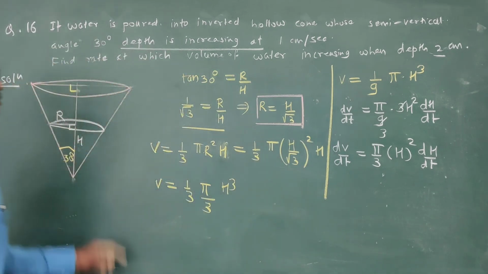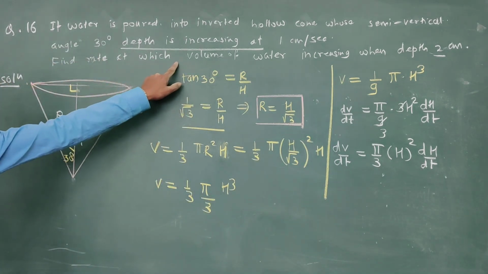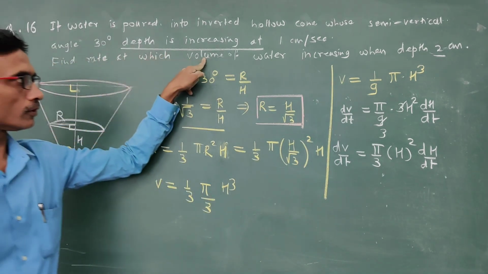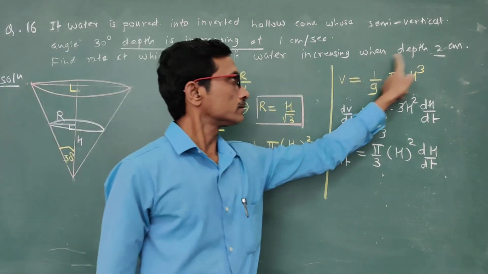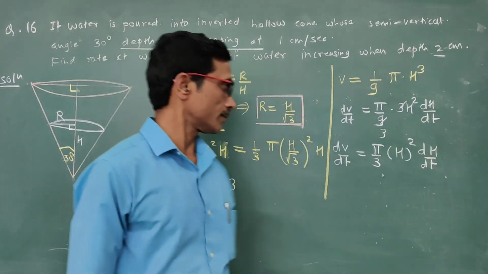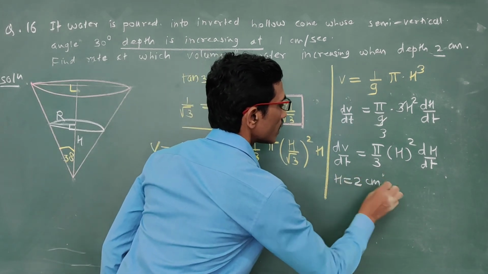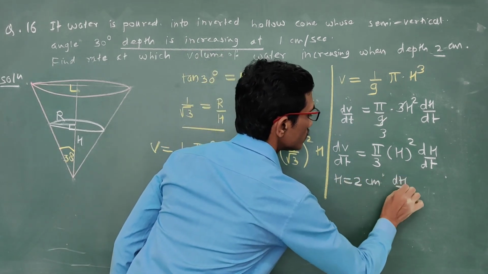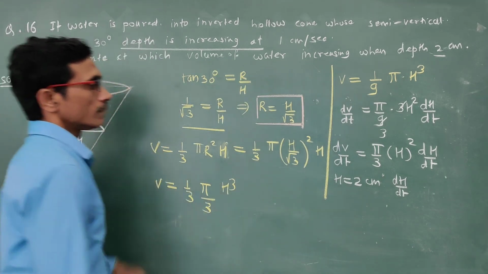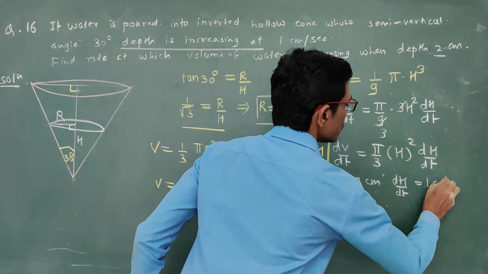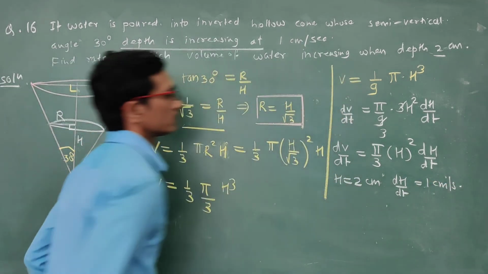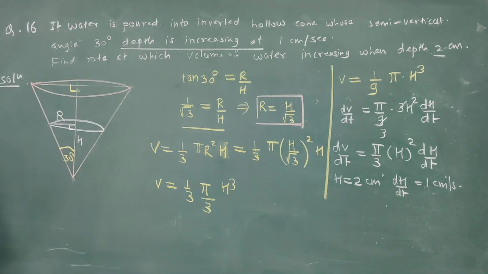What is asked to find here? The rate of change of volume when the depth is 2 centimeter. So h is equal to 2 centimeter and dh by dt is equal to 1 centimeter per second. Therefore we find dv by dt.